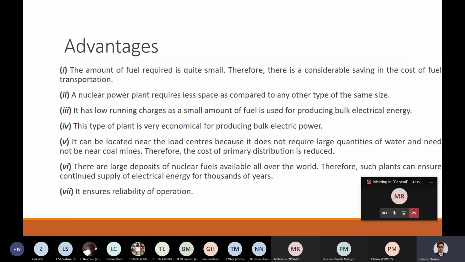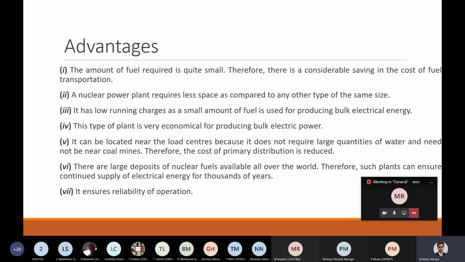And that is why, if we standardize the design, work on the technology used, the turbine used, or save some of the energy in the nuclear reactor, then we can ensure continuous electrical energy for the next thousands of years. And that is why it ensures the reliability of operation. So these are some of the important advantages, guys, of why we need a nuclear power plant.